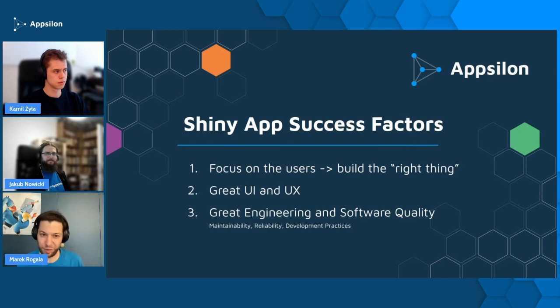Sometimes here we can observe a huge variance in Shiny apps. Some are great, some are not so good looking. But in our experience, it really makes a difference, especially in an enterprise. A great user interface makes your app really stand out and encourages people to give it a try.